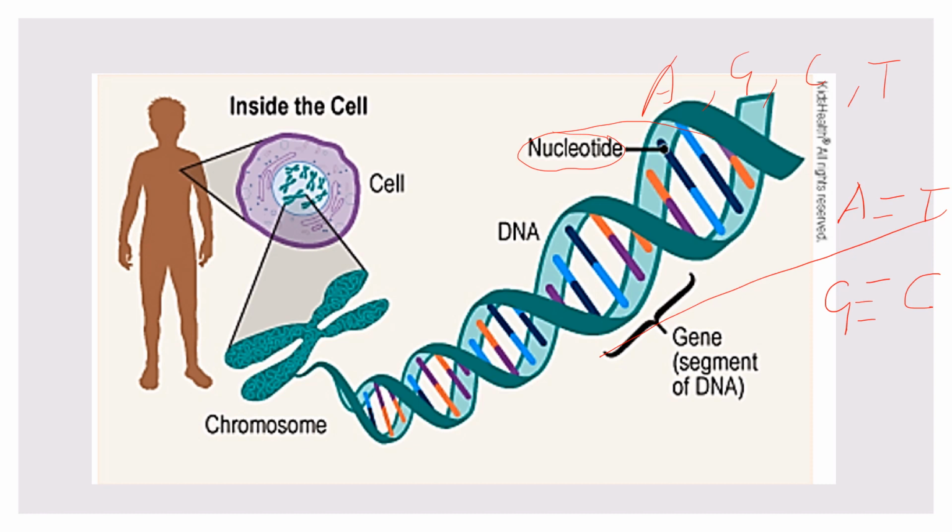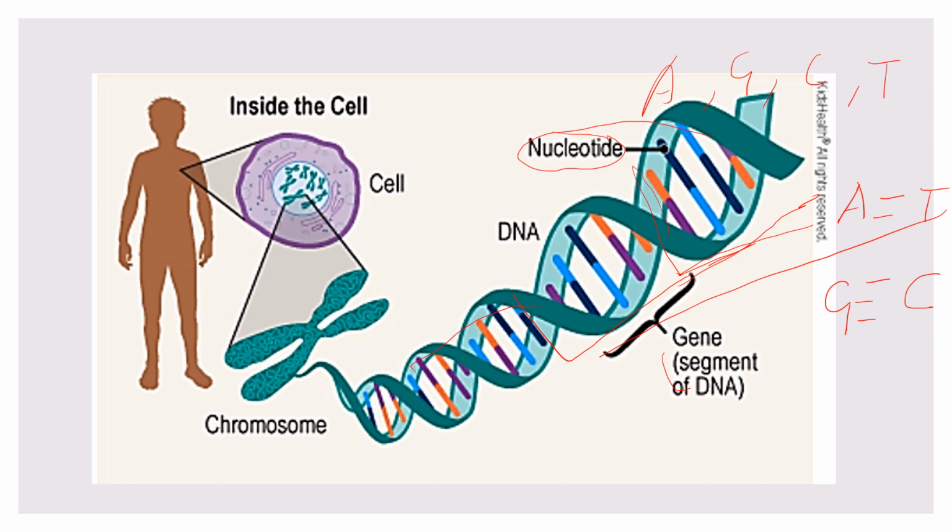A segment of this double-stranded DNA, say just this segment, starting from this end, can be one gene. The next segment can be another gene. This next segment can be another gene.